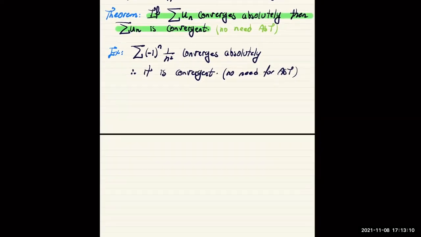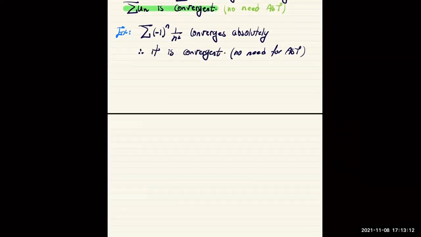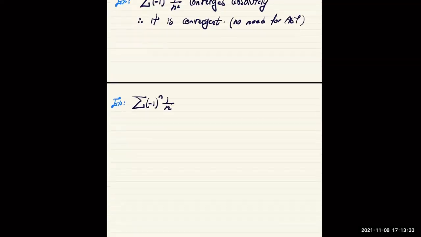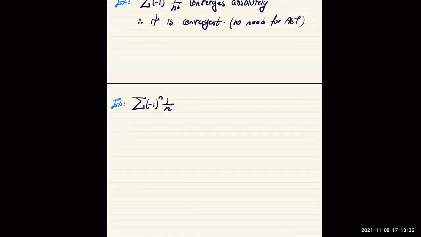Here, I'll show you an example before I write the definition. This is the alternating harmonic series, and we discussed that this thing is convergent.